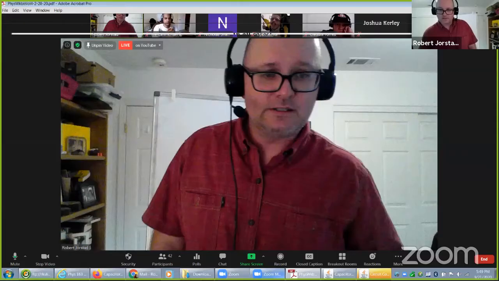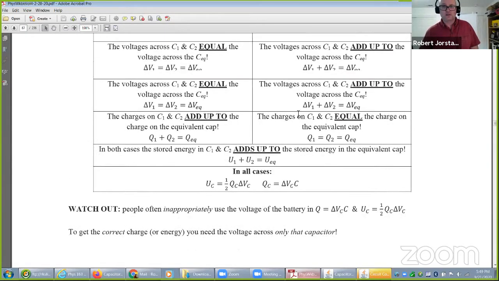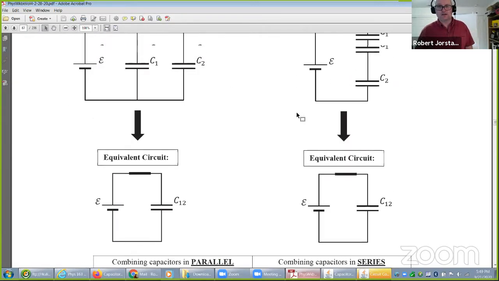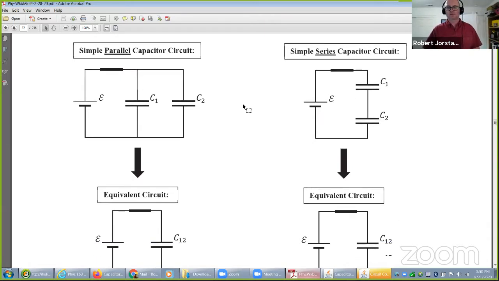So, let me go to here. What I want to do right now is talk about this. We're going to start with the simple parallel circuit and a simple series circuit, and we're going to learn that you can make an equivalent circuit out of this.